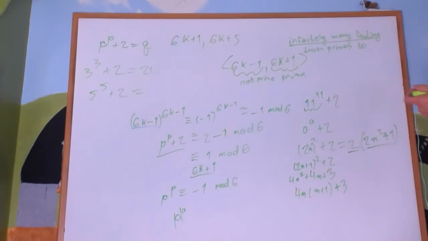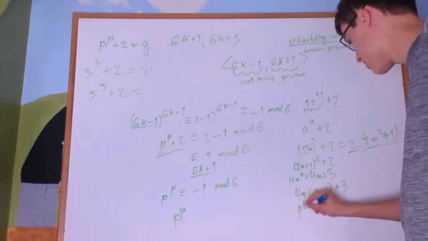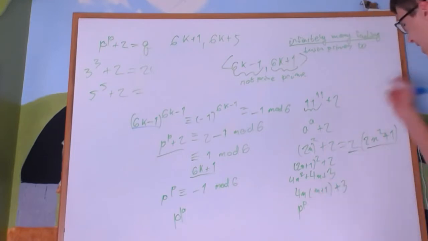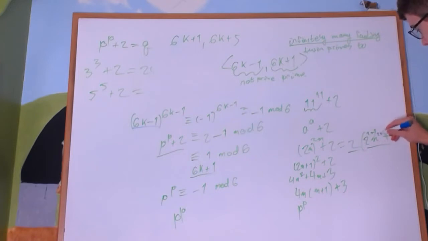So I can tell you that for primes bigger than or equal to 3, that p to the p, why did I do squared? It's to the 2n minus 1, and to the 2n there still.